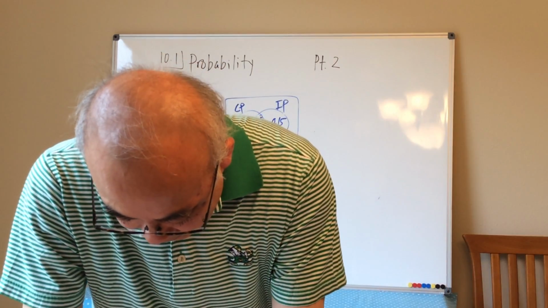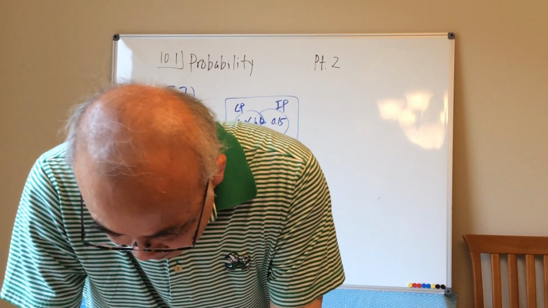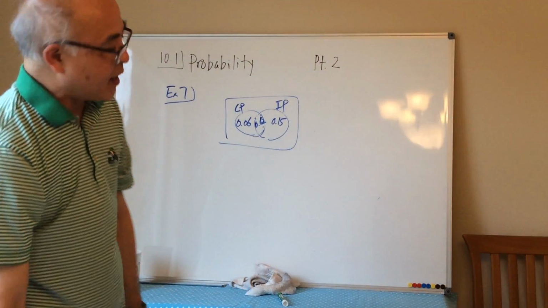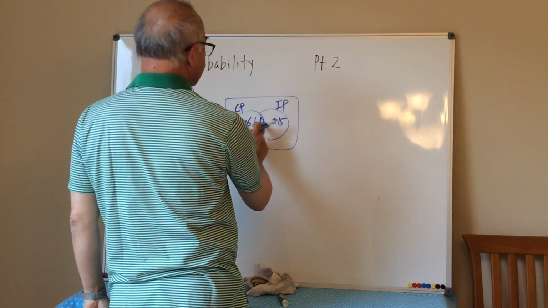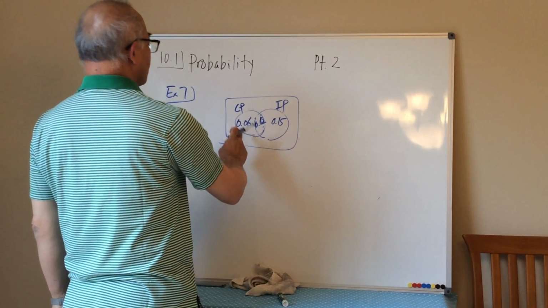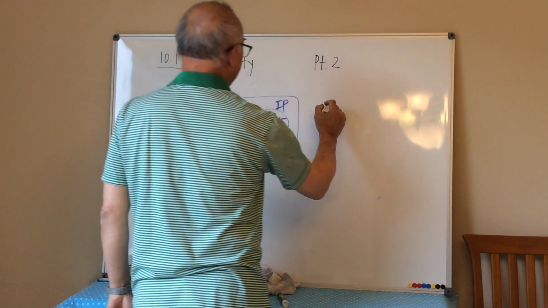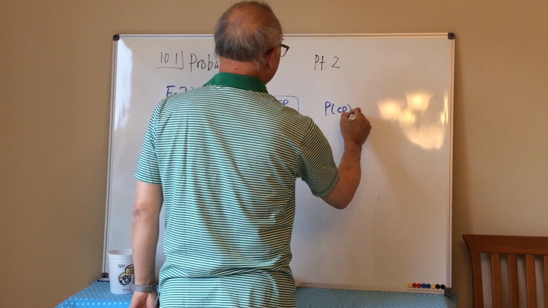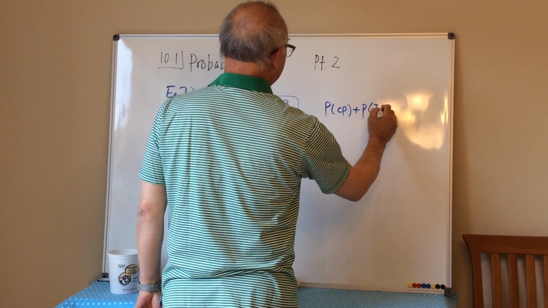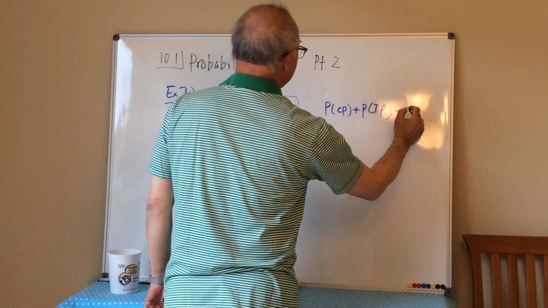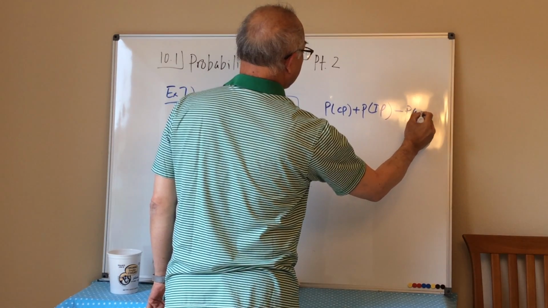Part A: What is the probability a student has a cell phone or an iPod? You would add these three parts together. In other words, we can use the formula we just did: probability of cell phone plus probability of iPod minus probability of both.